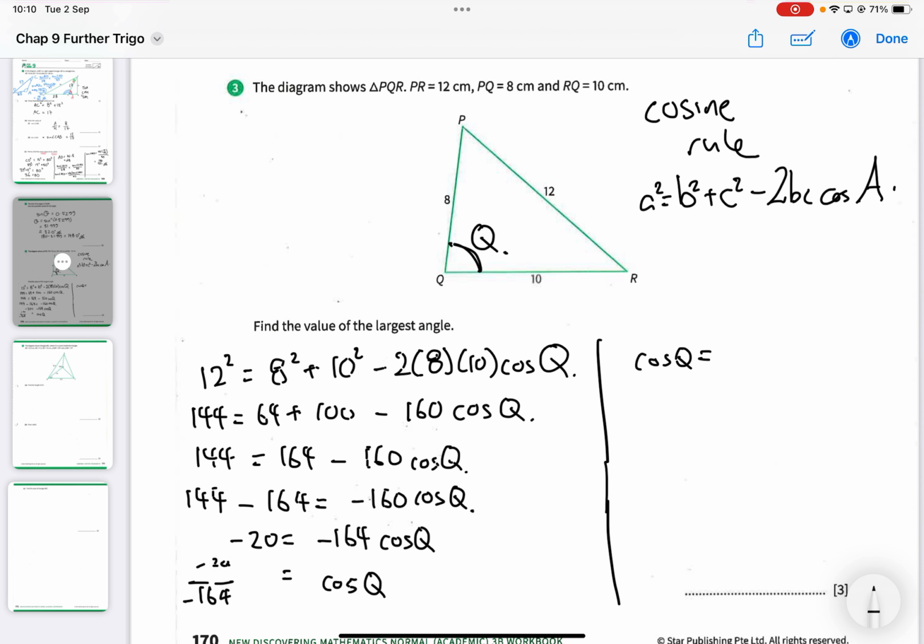What formula thingy? Then a square plus b square. In the exam, you will only be given this one.